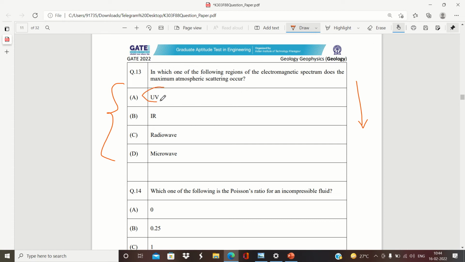UV has the minimum wavelength among these four, so the first option is our right answer. The correct sequence of decreasing wavelength is radio wave, microwave, infrared, visible light, UV, X-rays, and then gamma rays. Hence the scattering is highest for gamma rays and lowest for radio waves.